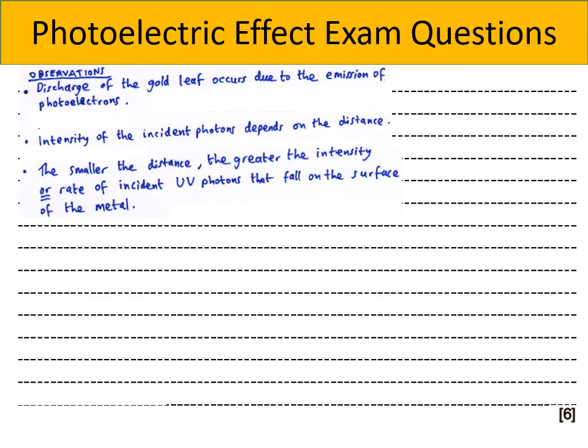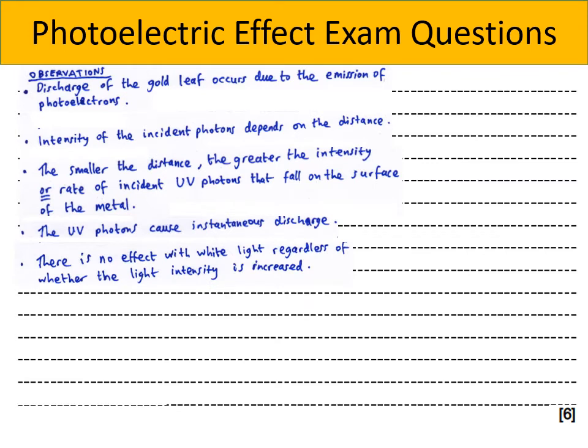Yes, because we saw that the smaller the distance, the quicker, in the case of the UV light, the gold leaf fell, so it discharged quicker, so the rate of photoelectrons emitted was also higher. The UV photons cause instantaneous discharge. There is no effect with white light, regardless of whether the light intensity is increased, as we saw in the observations there.